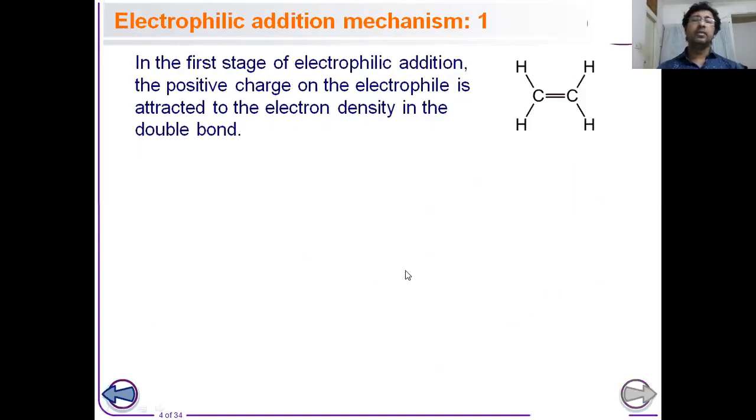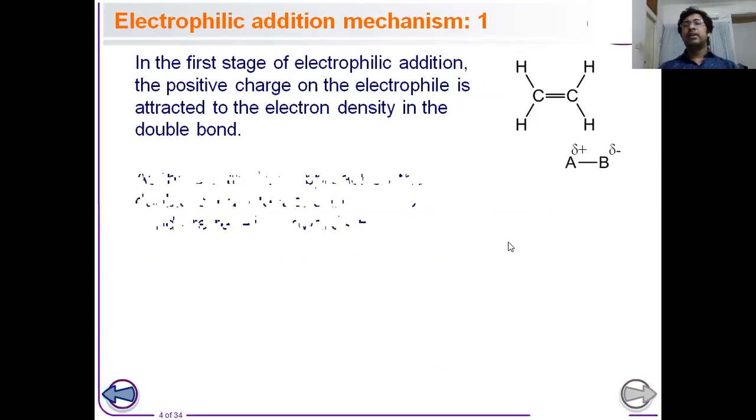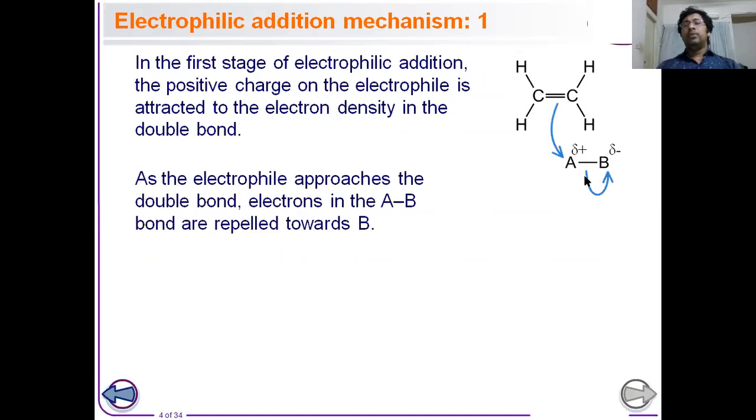Here we can see an ethene molecule. Here the carbon-carbon double bond is present, and as I have already mentioned, this is a very high electron density region. So electrophile will love to attack here. Now, this is a polar molecule AB.